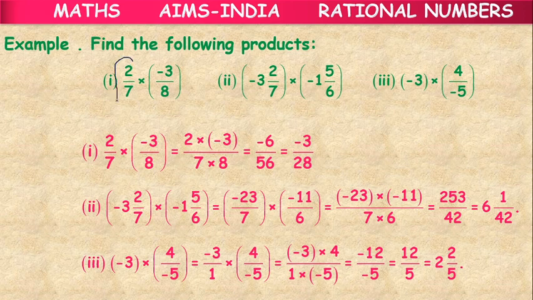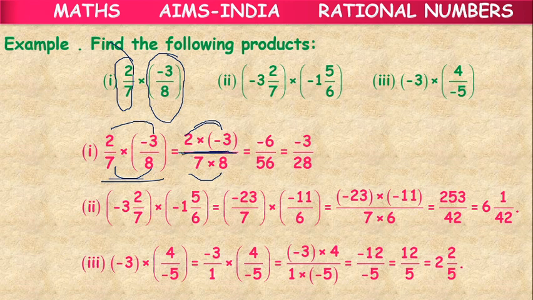Here two rational numbers are there: 2 by 7 and minus 3 by 8. How to multiply them? We multiply the numerators and the denominators, and keep the numerator product over the denominator product. If there is no symbol, we assume there is a plus. Plus into minus equals minus, because we know minus into minus equals plus and plus into plus equals plus.